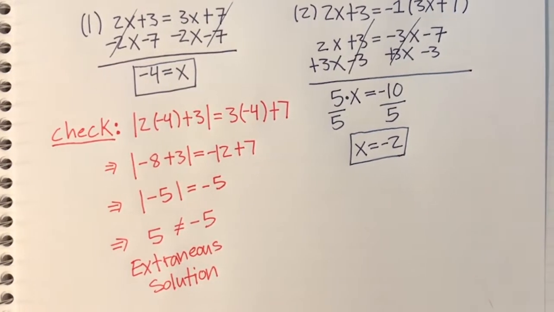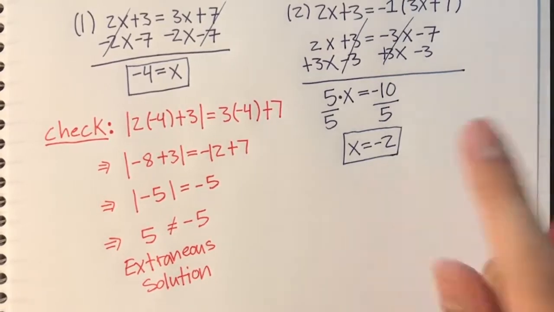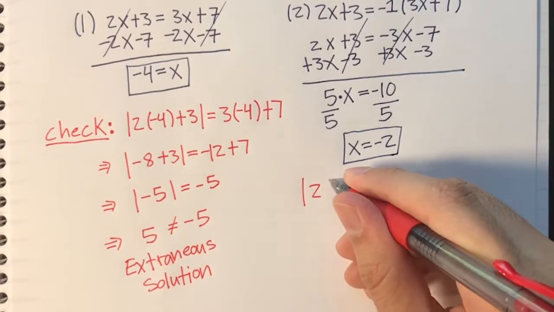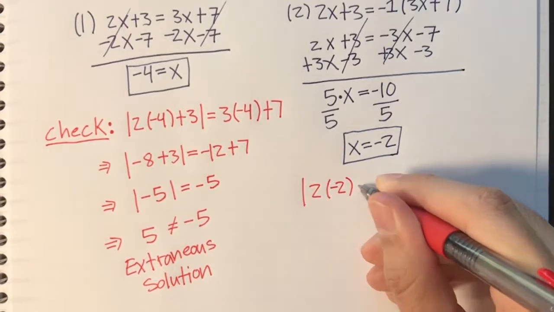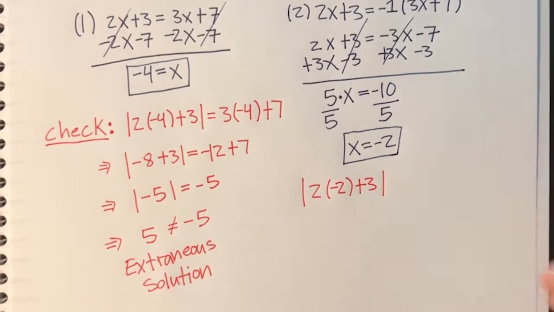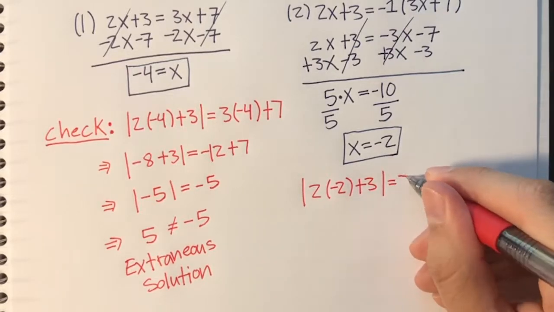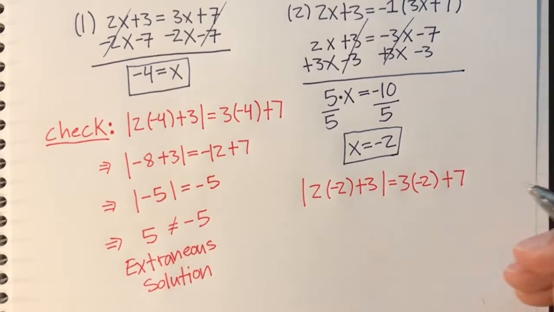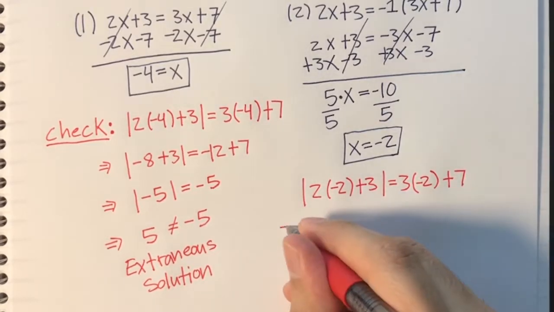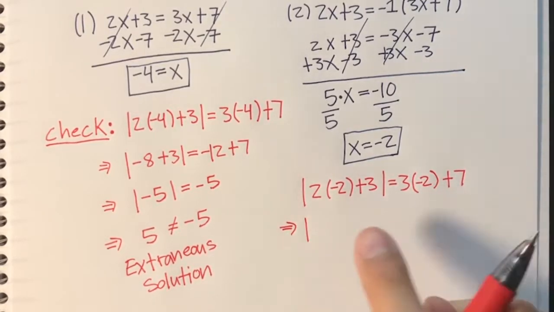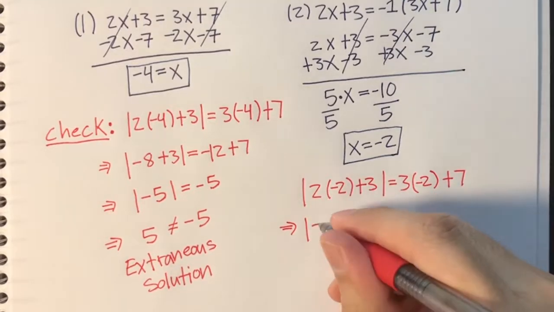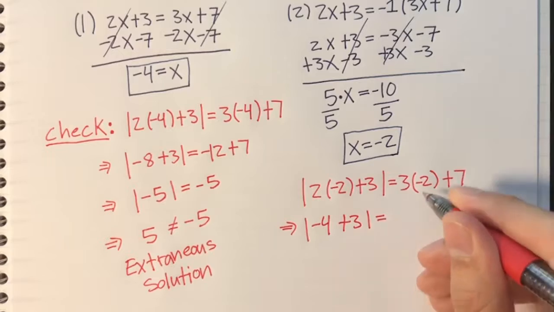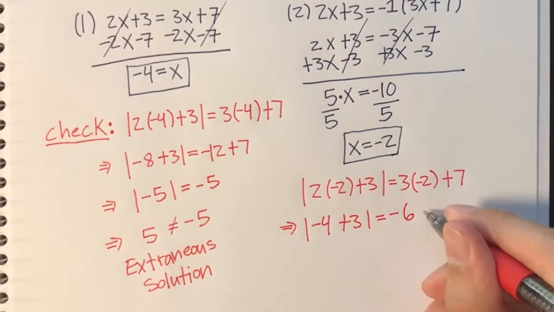Okay, now let's go to the next one. Let's check. Absolute value of 2, instead of x, we're going to put negative 2 plus 3. Close it. 3, negative 2 plus 7. Okay. 2 times negative 2, that's negative 4. 3 times negative 2, that's negative 6.